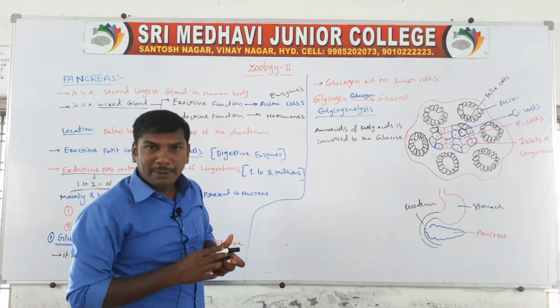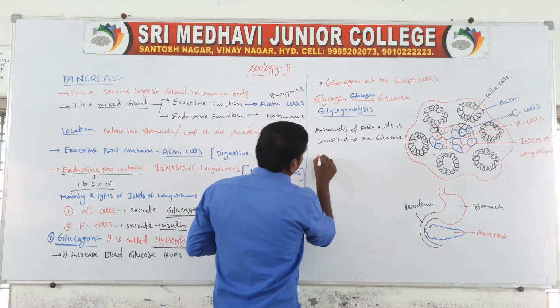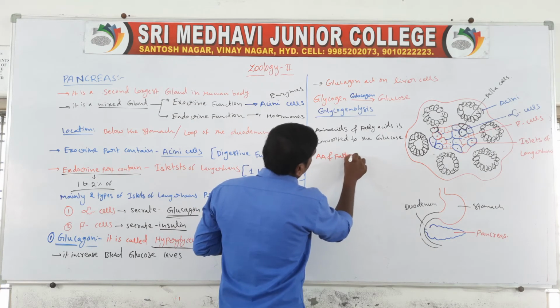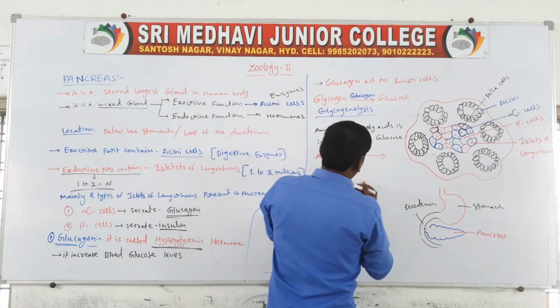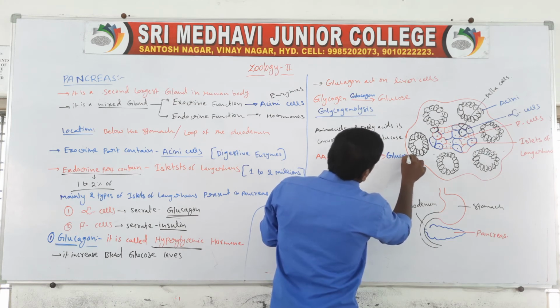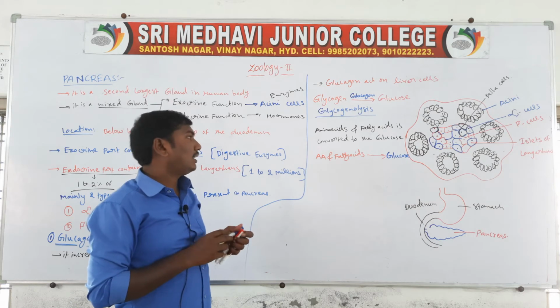So amino acids and fatty acids are converted to glucose in the presence of glucagon.